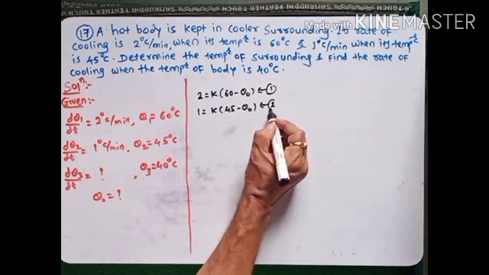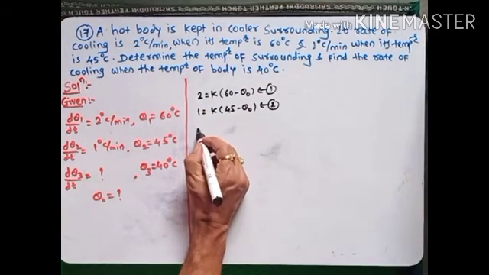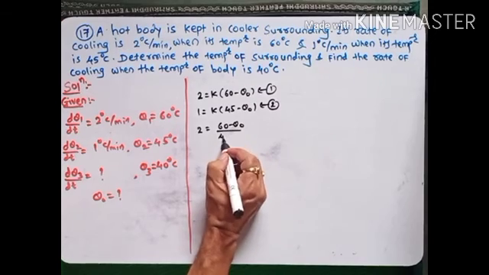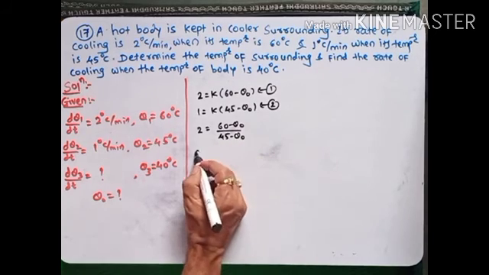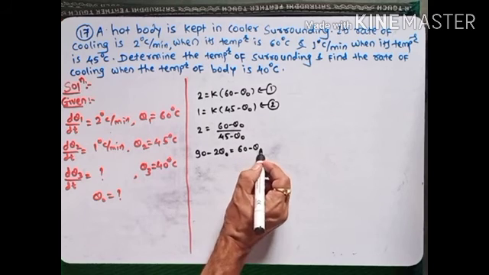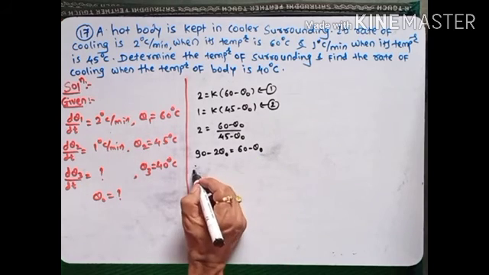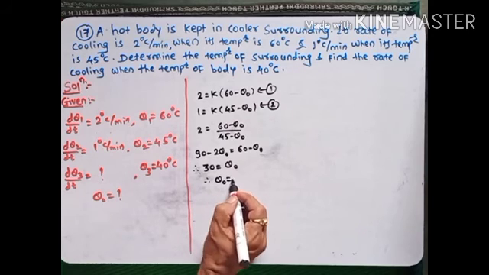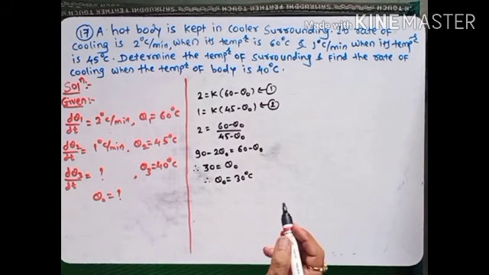This is equation number 2. Divide equation 1 by equation 2, we get 2 equal to (60 minus θ0) divided by (45 minus θ0), means 90 minus 2θ0 equal to 60 minus θ0, and therefore 30 equal to θ0, equal to 30 degrees centigrade. This is the room temperature.